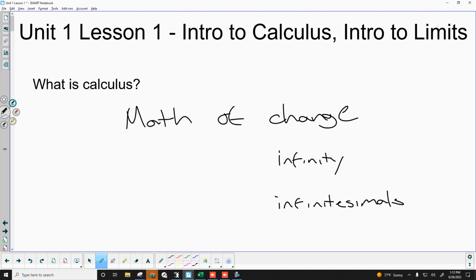Very small things. Infinitely small. That's actually something important in understanding limits. The concept of being infinitely close to something, a very, very small distance away, an infinitely small distance away.